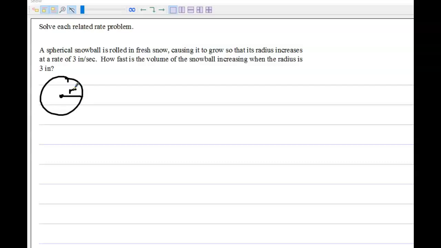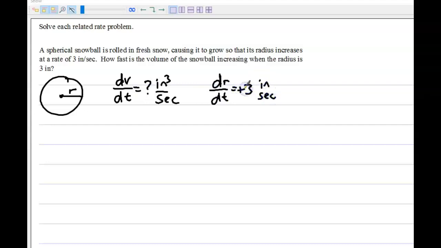So we want to find how fast the volume is increasing, and that's going to be in cubic inches per second. They give us the rate of change of the radius as 3 inches per second, and it's positive because it's increasing.